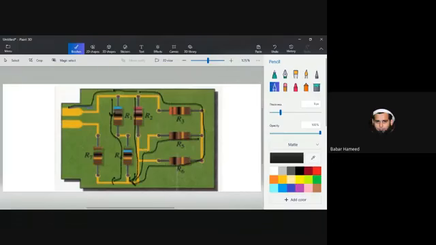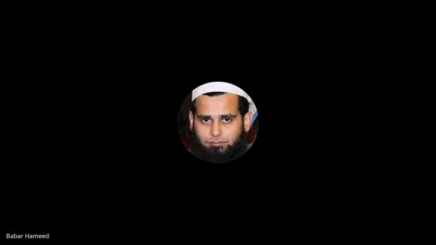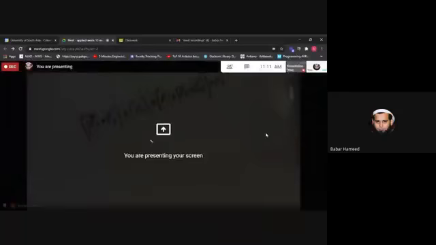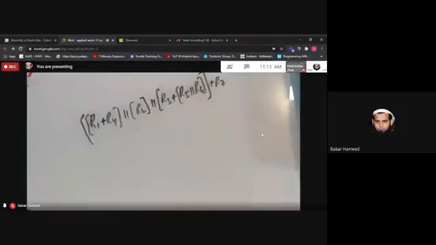Now look at the paper, the whole circuit that I drew.